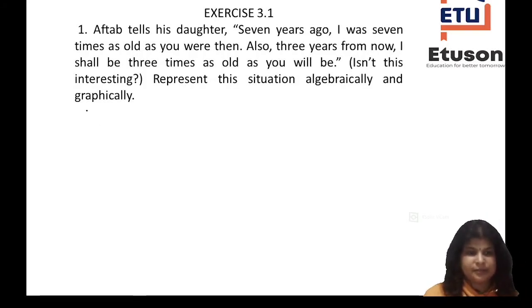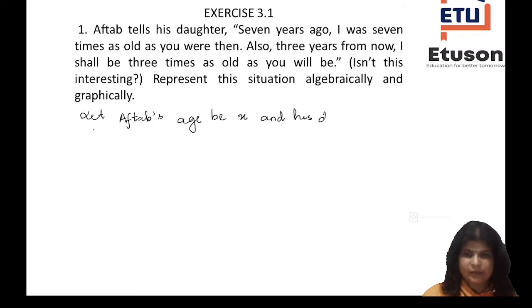Let Aftab's age be x and his daughter's age be y.